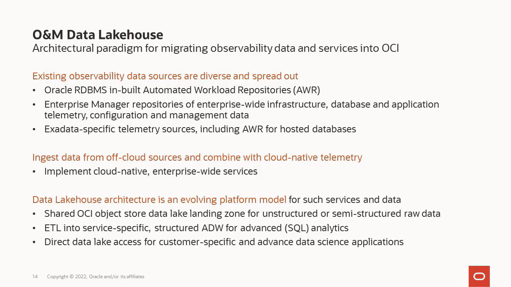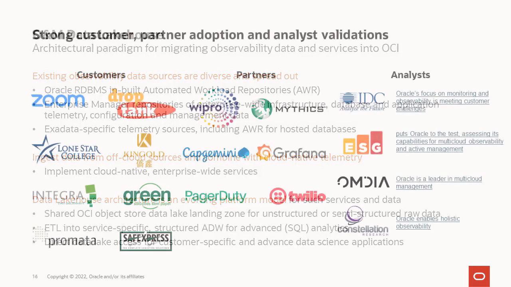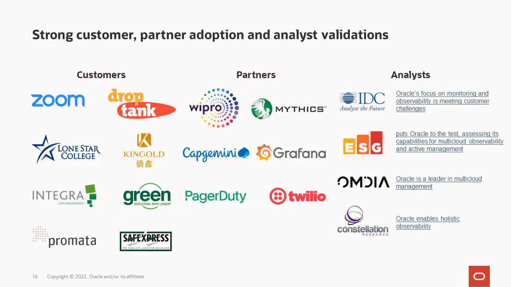In other words, the data can be leveraged not just by our services, but by customers themselves. These aren't reference customers, I think these are just users. Some are reference customers, I'm not sure which are which.